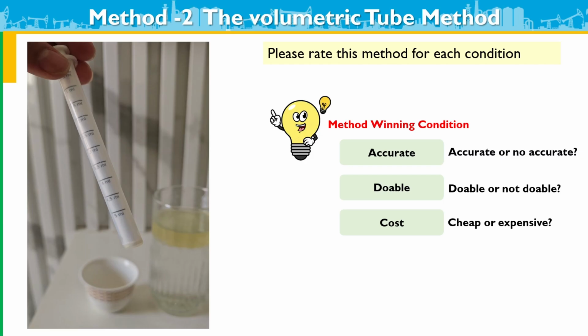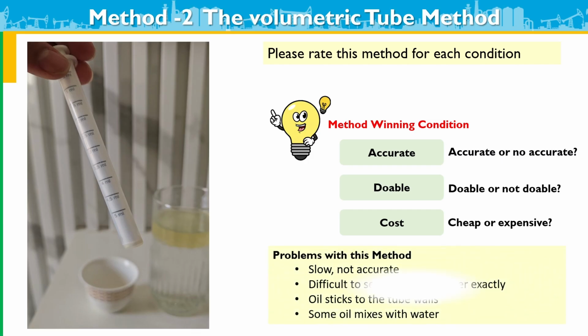So as you can see from this method, although it works, it also has some problems. It's not that accurate, it's slow, and it's difficult to separate the oil layer exactly.